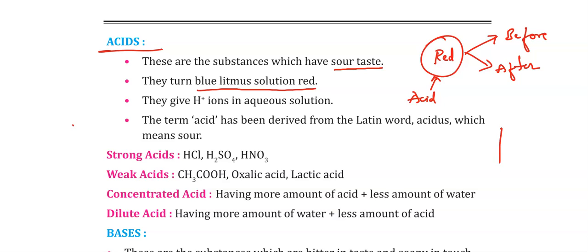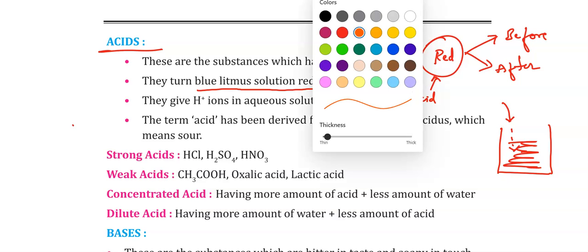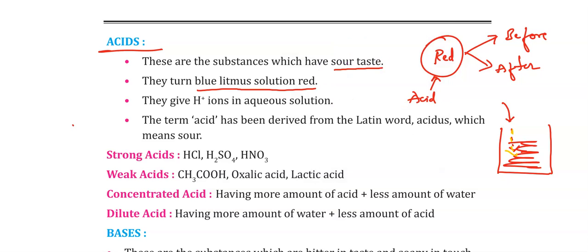For example, I will take a beaker and drop some solution in this. I need to check whether this solution is acid or base. For sample number 1, I will take a blue litmus paper and dip it inside this solution.